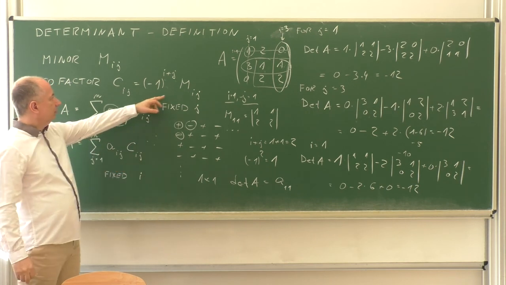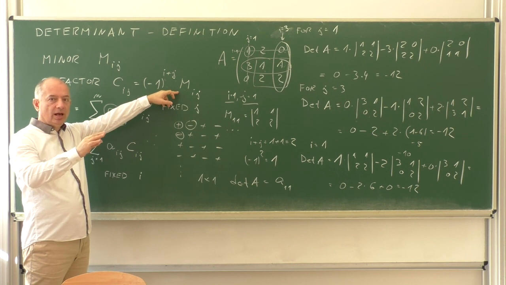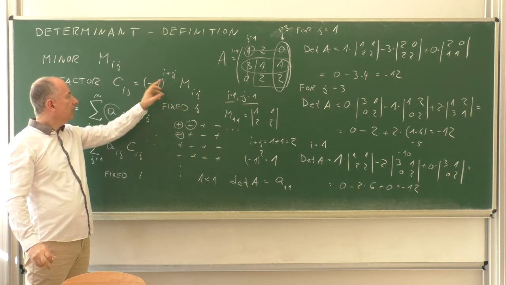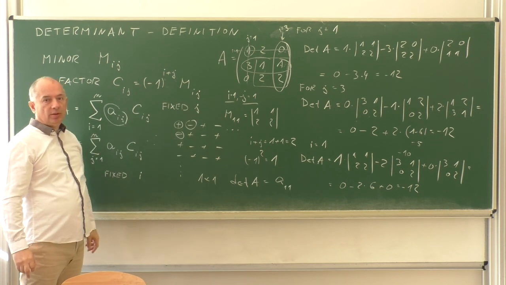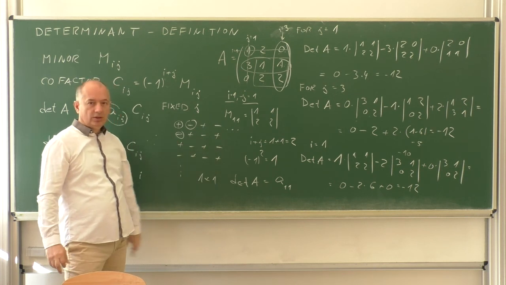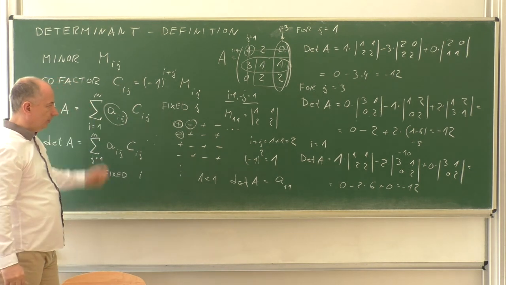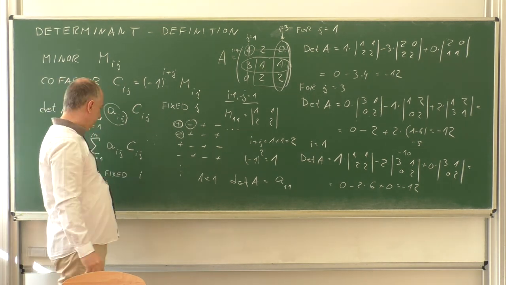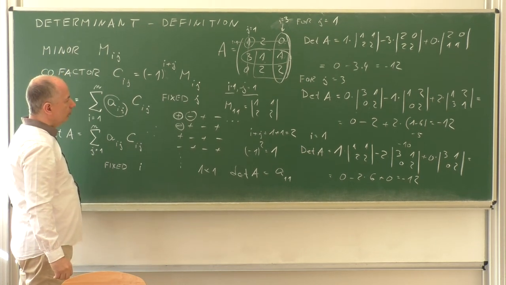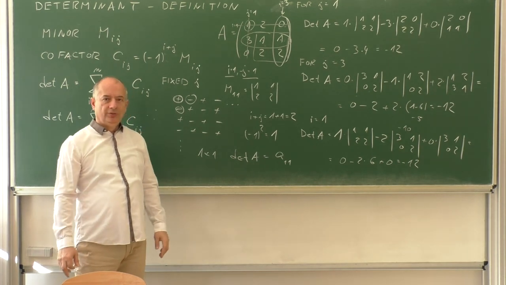The cofactor is the minor, the determinant, generated by deleting the ith row and the jth column, multiplied by minus 1 to the power of i plus j, which is plus or minus, which can be found from this checkerboard structure, starting with plus in the top left position. The matrix must be a square matrix, otherwise the determinant is not defined.